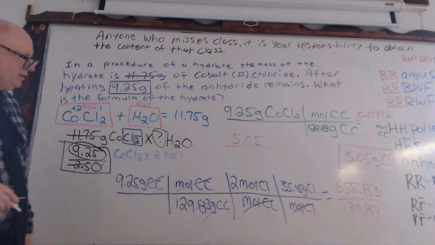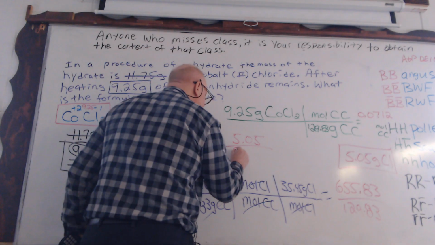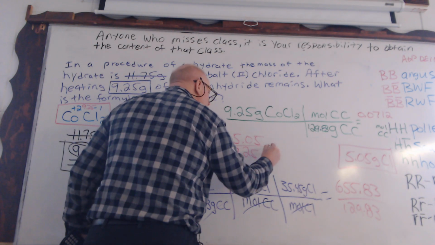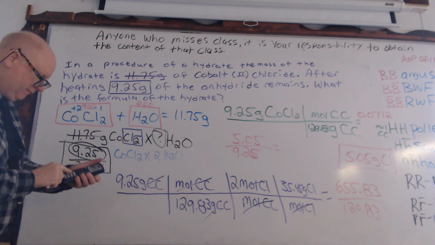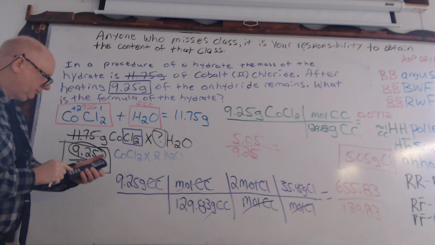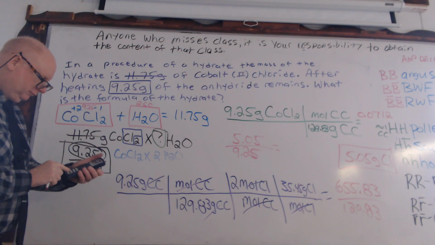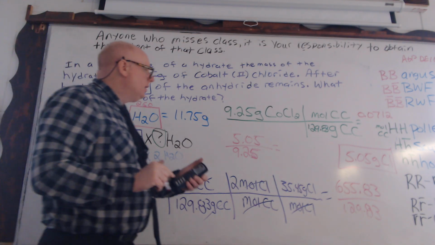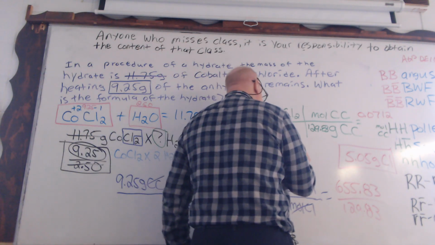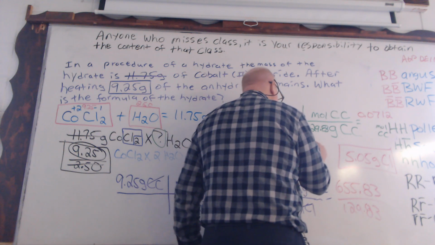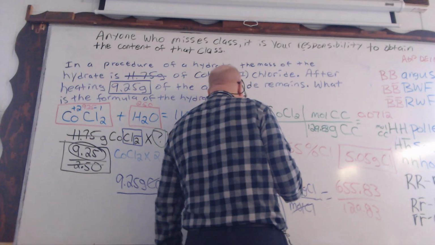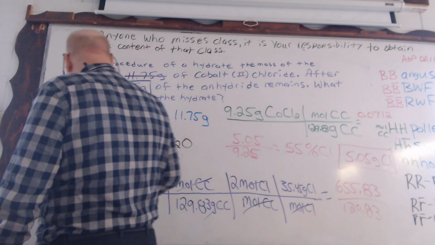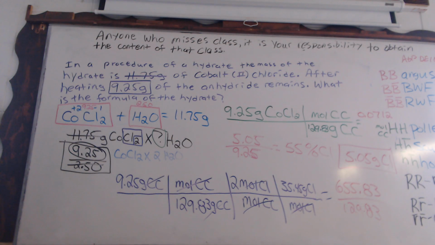The top one, which is 9.25. And then that will give us our percent composition. Which is 55%. Okay, so 55% of this compound, 9.25, is going to be that of chlorine.